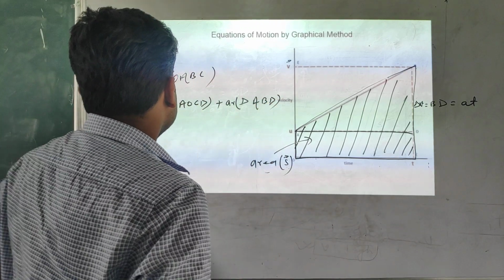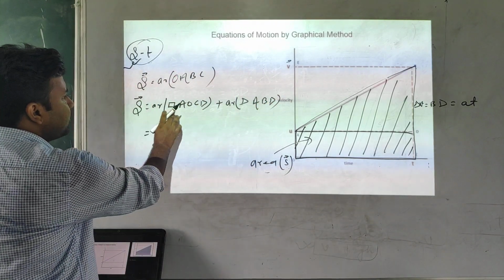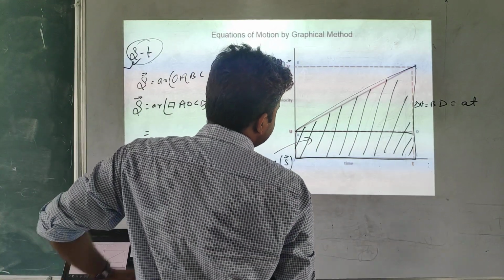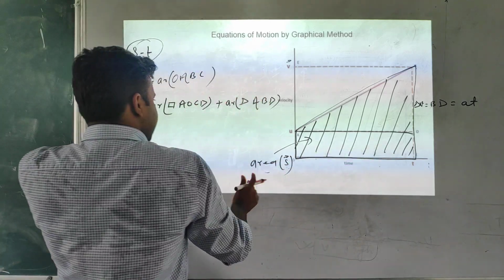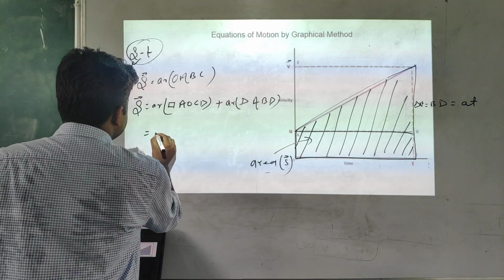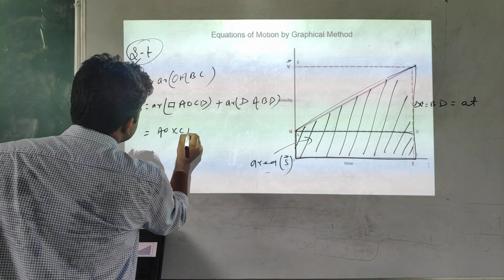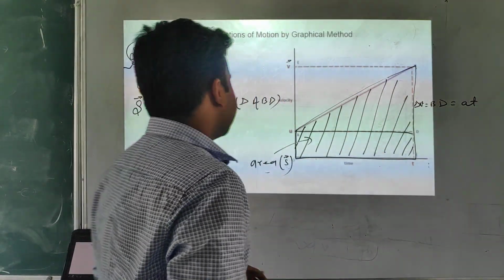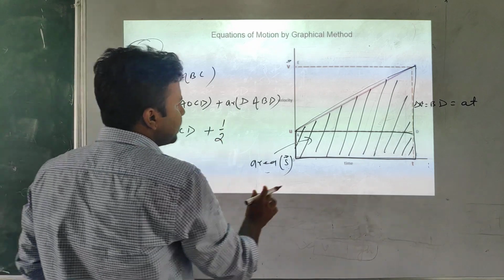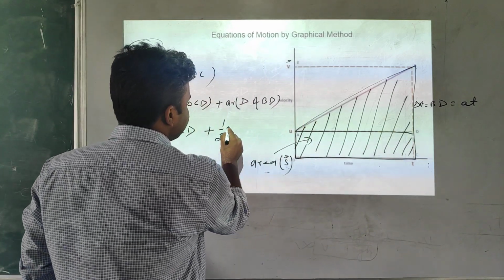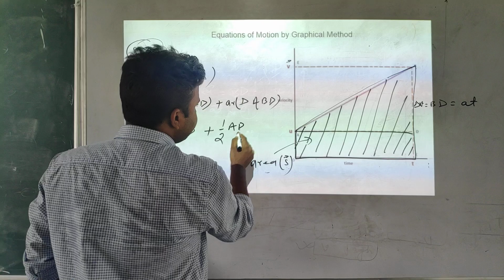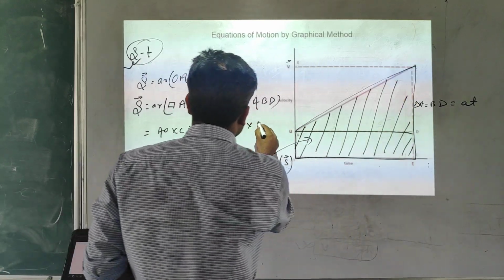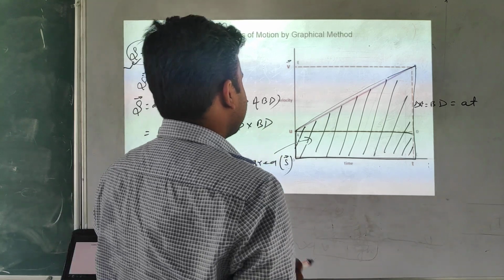Now students, the area of rectangle AOCD: you can write AO into CD, plus the area of this triangle, 1 by 2 into base. Base is AD, into BD.